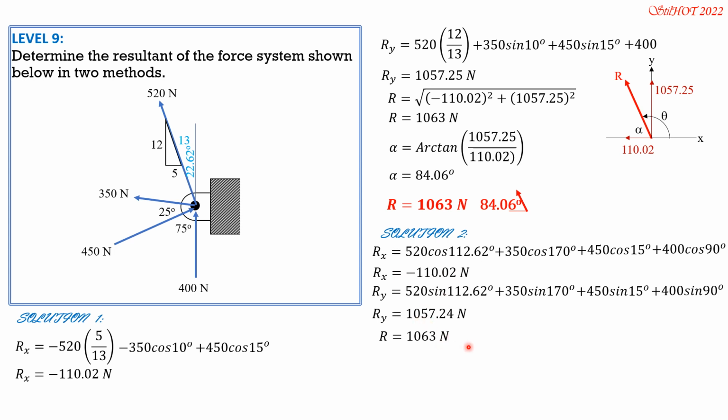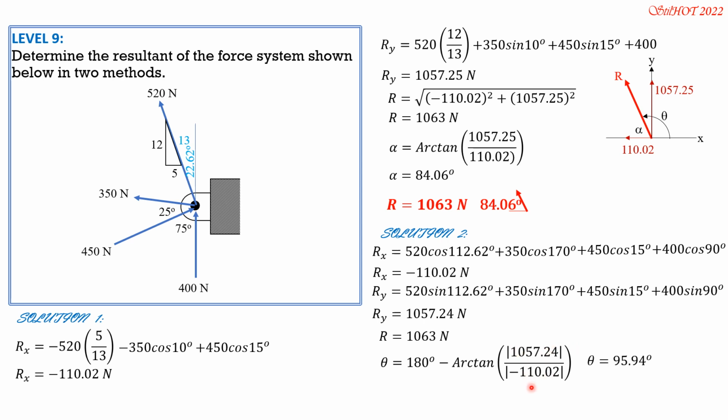Then this time, let's have the standard form of the angle. Theta is 180 degrees minus alpha, or arctan of the absolute value of 1057.25 over 110.02. Remember, when the resultant lies in the second quadrant, then the standard value of the angle is 180 minus arctan of the absolute value of Ry over Rx.